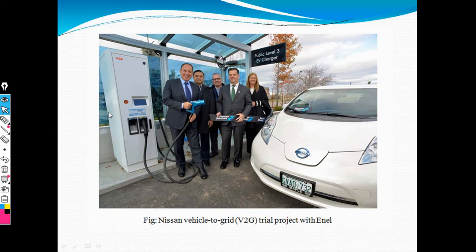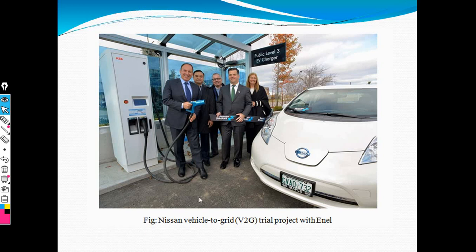Also, this is the first electric vehicle developed in the USA, and this is the exact concept of the vehicle to grid system. This is the trial project developed in 2019 in the USA with the help of the electric vehicle charging concept, and this charging concept is called the vehicle to grid connected system.